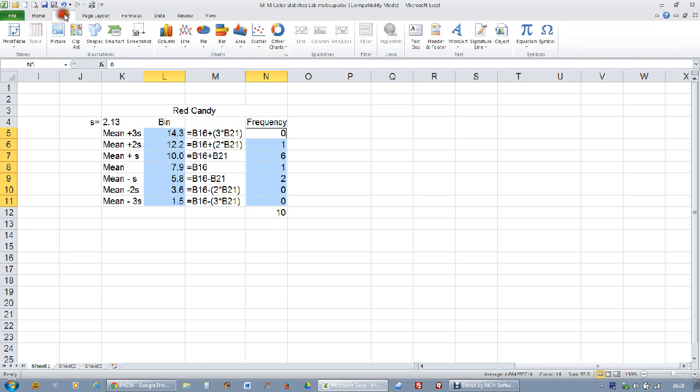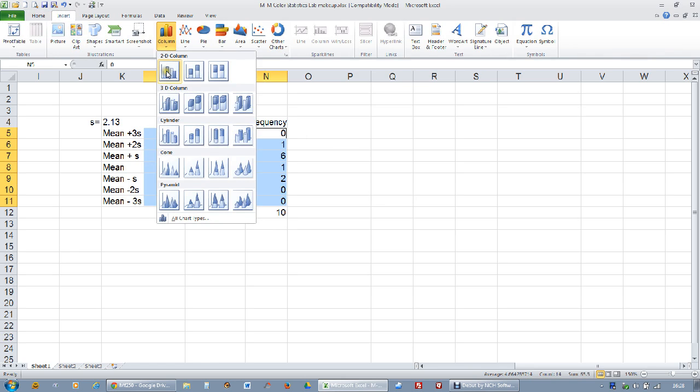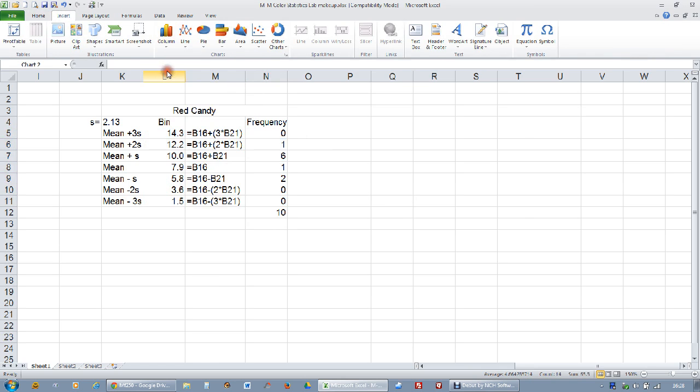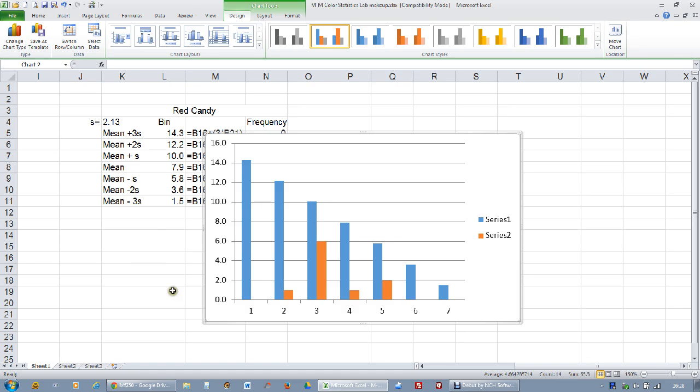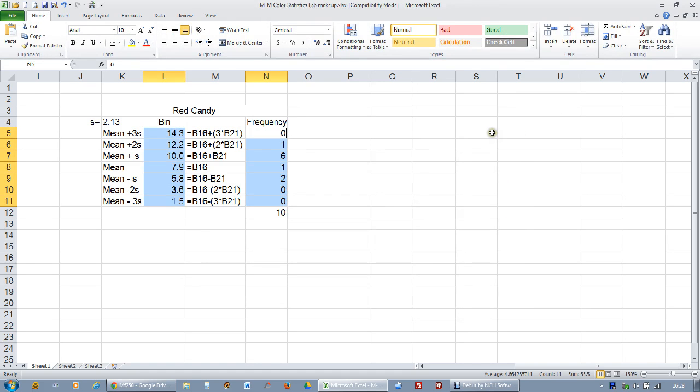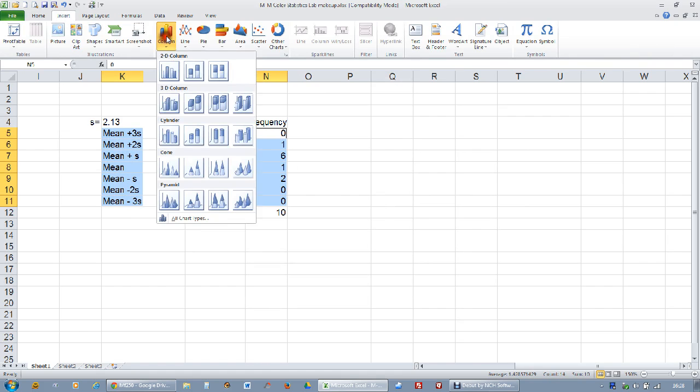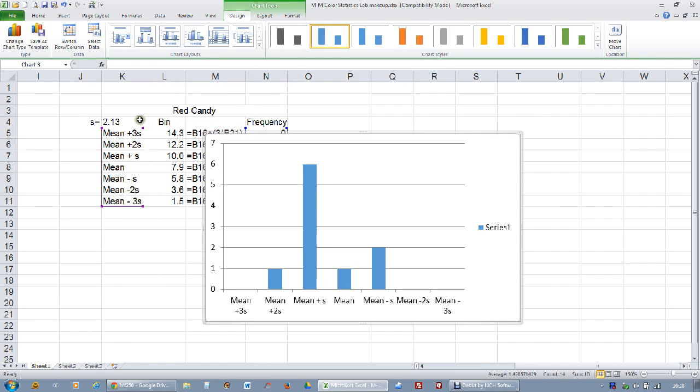Now I'm going to insert a column, clustered column, and I have two series. Oh boy. Let me redo it. I'm choosing, here we go, mean plus 3, mean plus 2, mean plus 1.